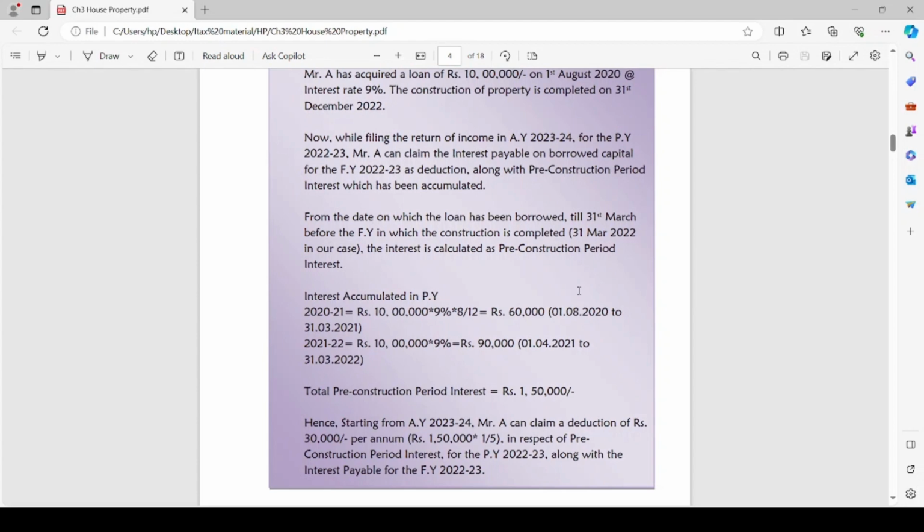He can claim 30,000 as pre-construction period interest, and along with that he can also claim deduction for the interest payable from 1st April 2022 to 31st March 2023. I hope it is clear for you.